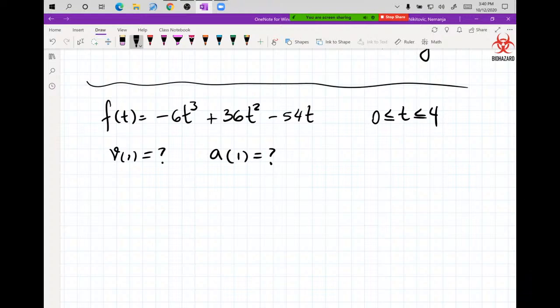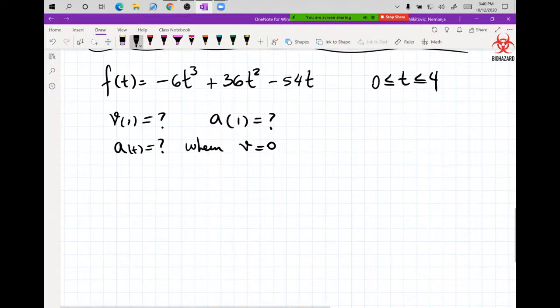That's what they're looking for. Determine the acceleration of the object when the velocity is 0. So how much is acceleration when velocity is 0? That's another good question.